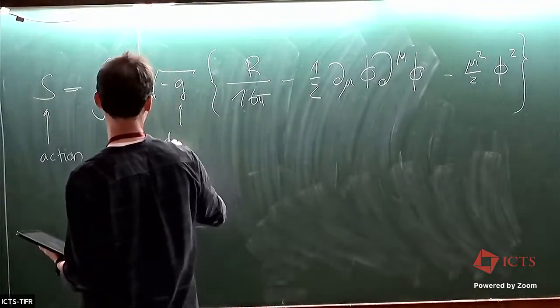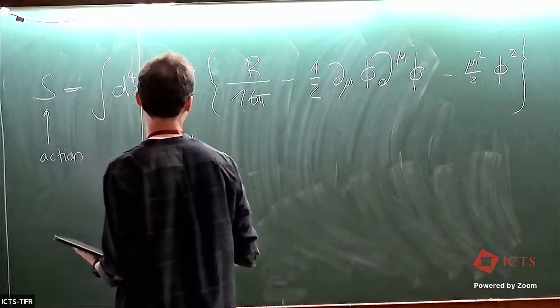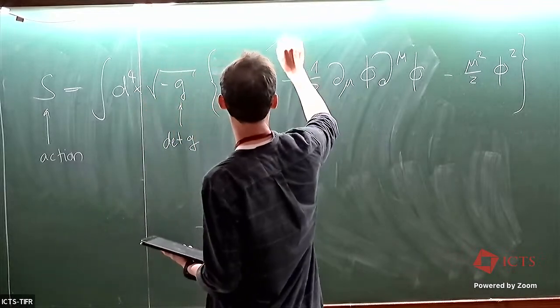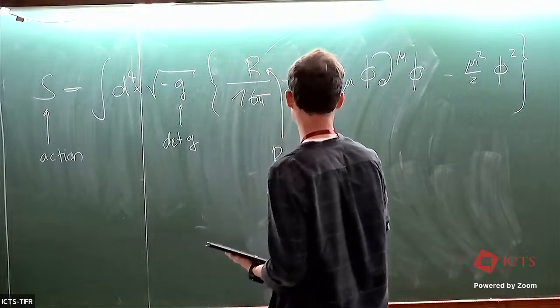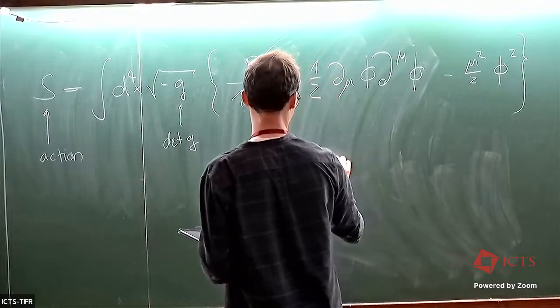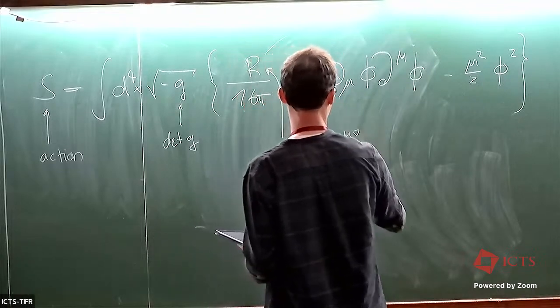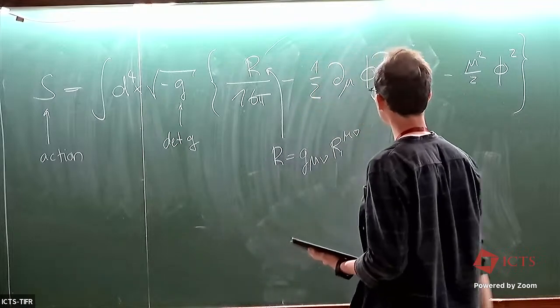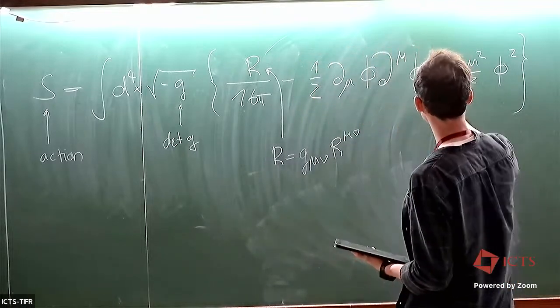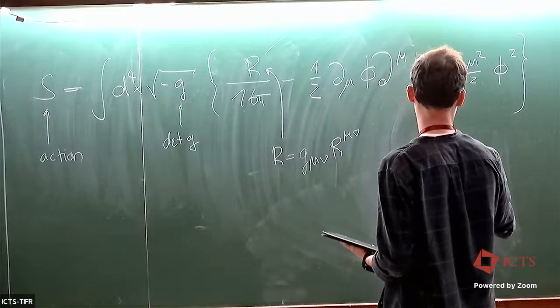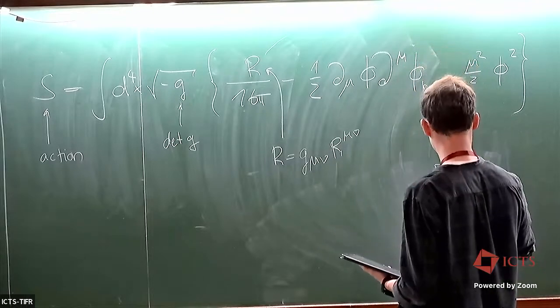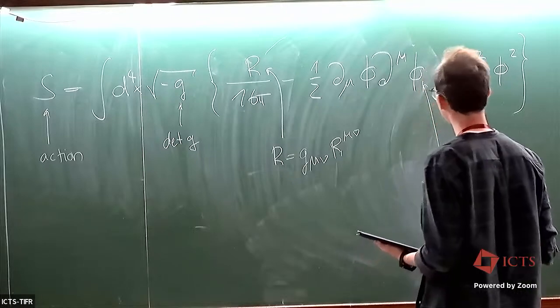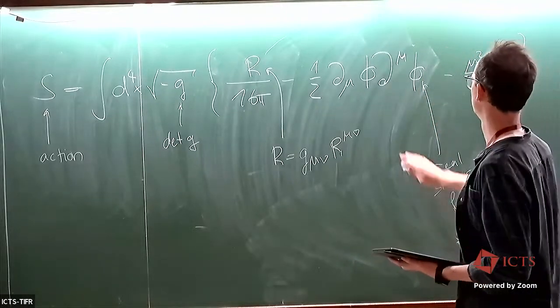This is the determinant of the metric. R is just the Ricci scalar. Phi is a real scalar field. These are just partial derivatives.